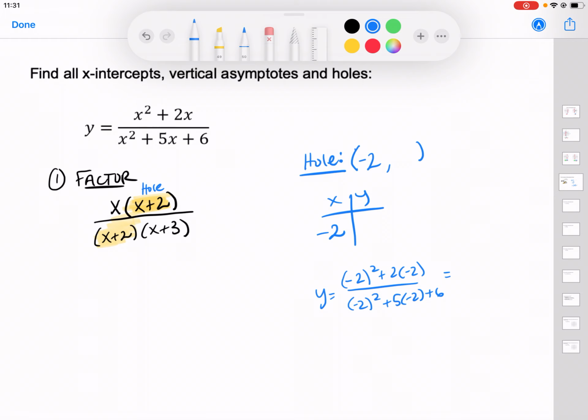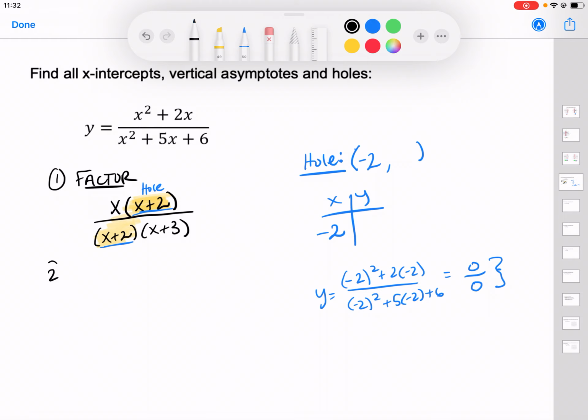When you plug that in, if I just do the numerator, I'll get 4 minus 4, which is 0. On the denominator, I'll get 4 minus 10 plus 6, which is also 0. That is, by definition, what a hole is. It's the x value where you get 0 over 0 for your equation. So the reason that happened is because we found a 0 of both the top and the bottom.